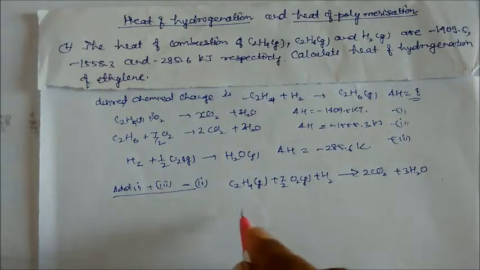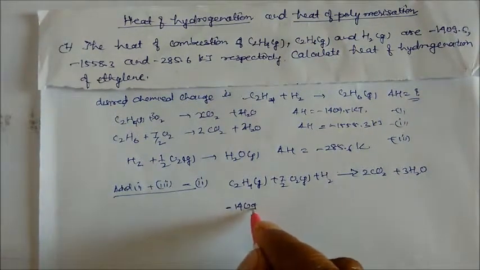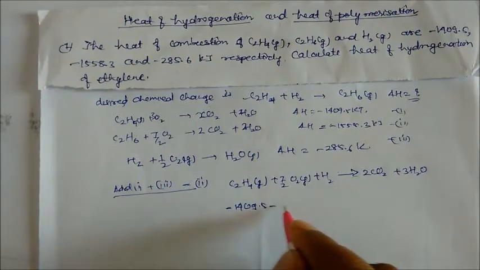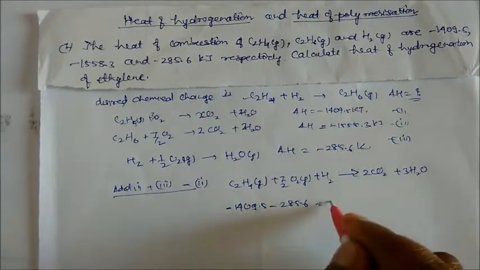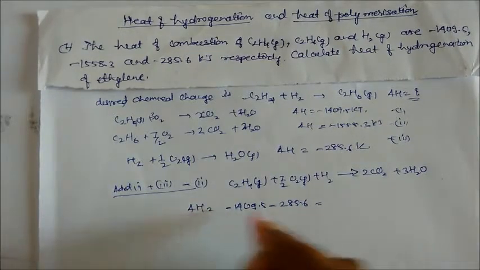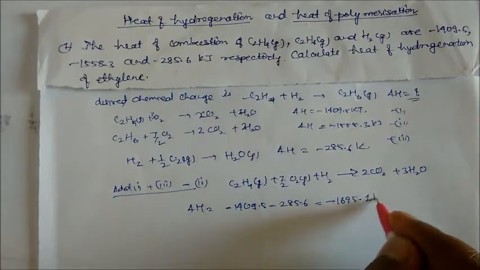Okay, so after solving, minus 1409.5 and minus 285.6, we will get the enthalpy, that is delta H, as minus 1695.1 kilojoule.